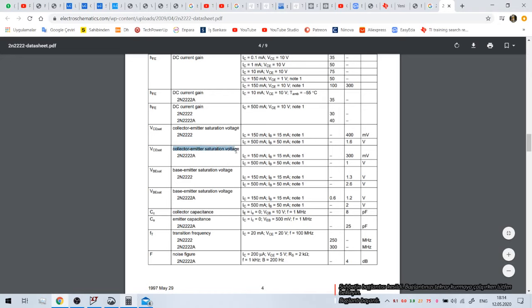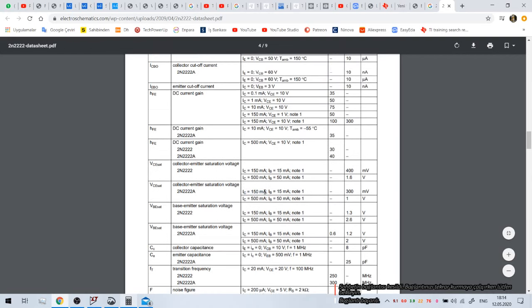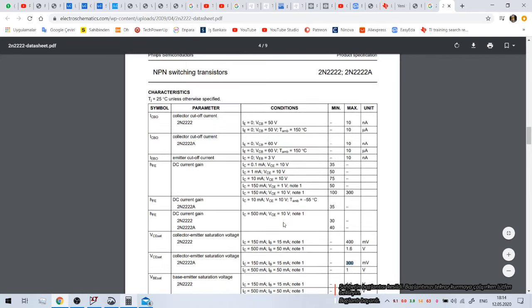Collector-emitter saturation voltage with IC equal to 150 milliamp with IB 15 milliamp, 300 millivolts saturation voltage.